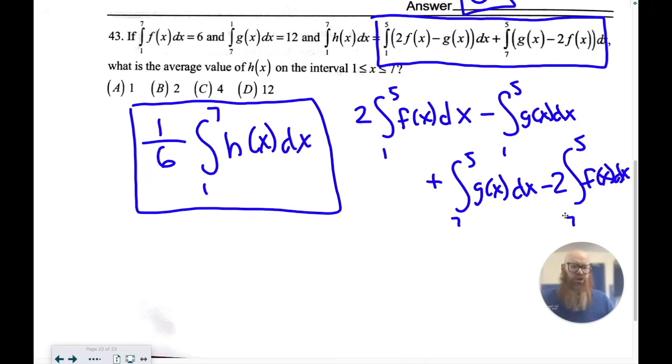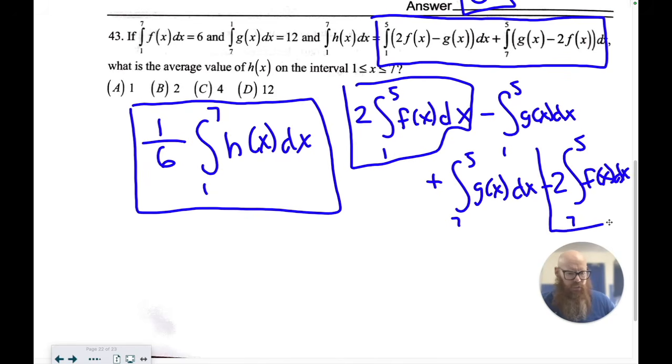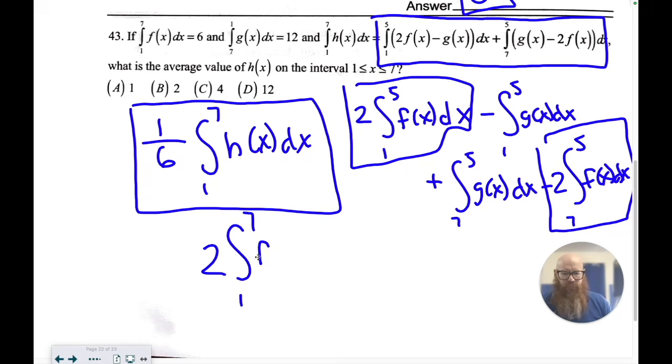Okay? So now I'm going to take a look at this one and this one. If I have negative integral from 7 to 5, I can flip that and make it positive integral from 5 to 7. And the integral from 1 to 5 plus 5 to 7 is 1 to 7. So I really get 2 times the integral from 1 to 7 of f of x dx.